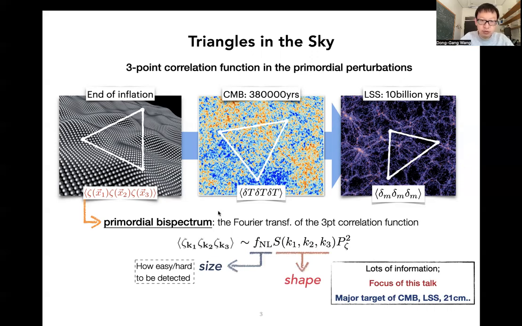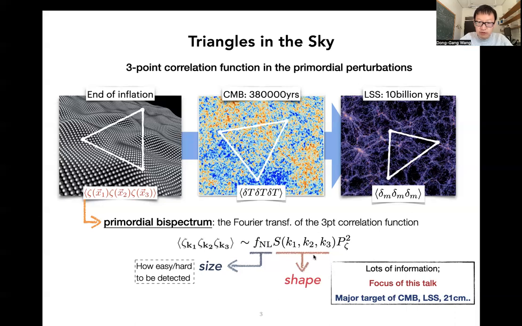What we usually do is the Fourier transformation to derive this primordial bispectrum. In this bispectrum, there are two important parts. The first one is this f_NL parameter. Basically, it tells us about the size of this bispectrum and how easy or how hard this signal, or non-Gaussianity, could be detected.